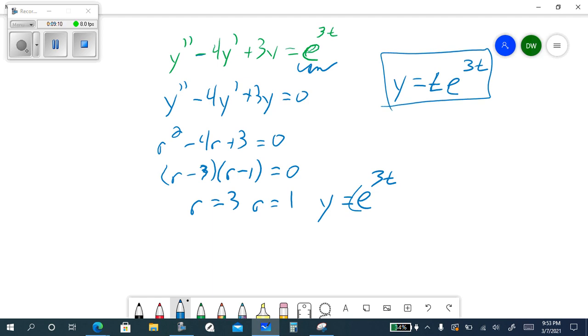So anytime that this function is also a solution to the homogeneous, then we need to increase our coefficient by a power of t. If it's a single solution, we increase it by a power of t to the first. If we have a double solution, we're going to increase it by a power of t to the second. So let's look at an example of that.